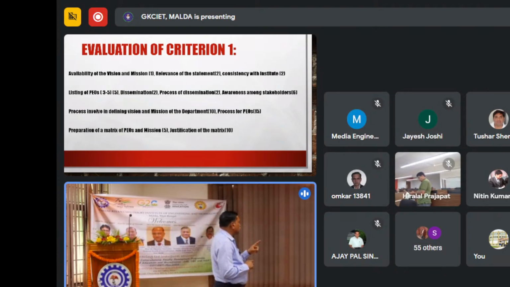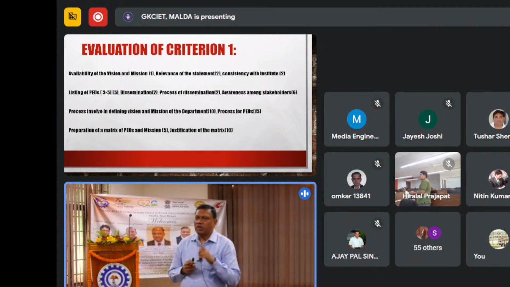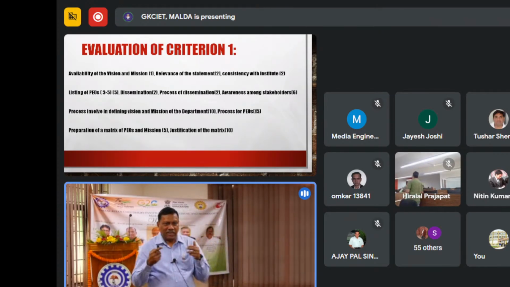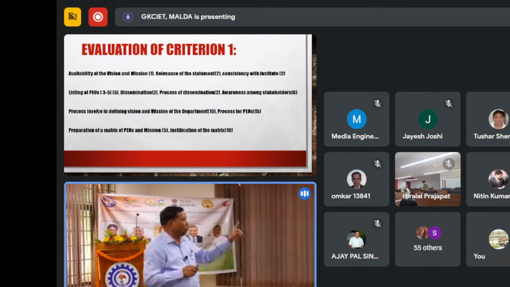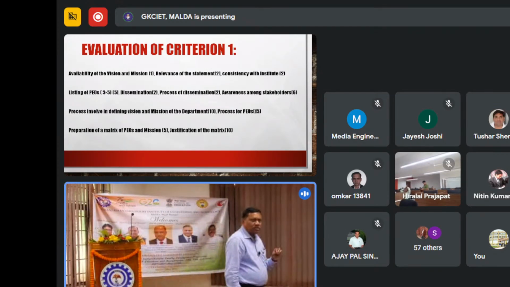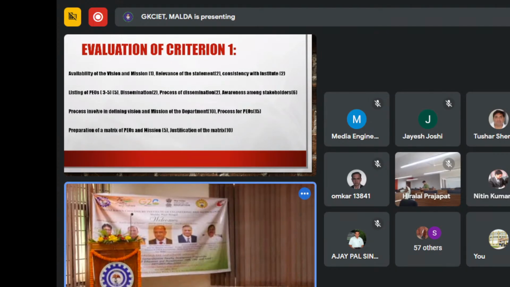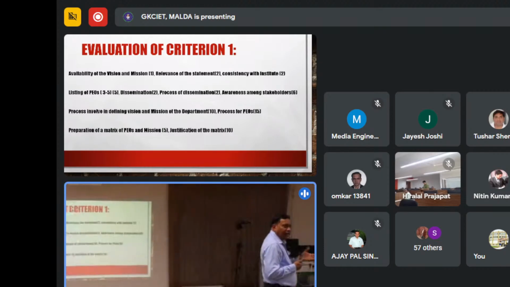Consistency with the institute vision. Because department-wise you are saying now, consistency is the proper mapping. If you have not created a proper matrix between the department vision mission and the institute vision mission, and if you have not created a table like we did, 3, 2, 1, then you will lose marks there. So you have to create a correlation matrix showing that there is a strong coupling between the vision mission of the institute and the department.